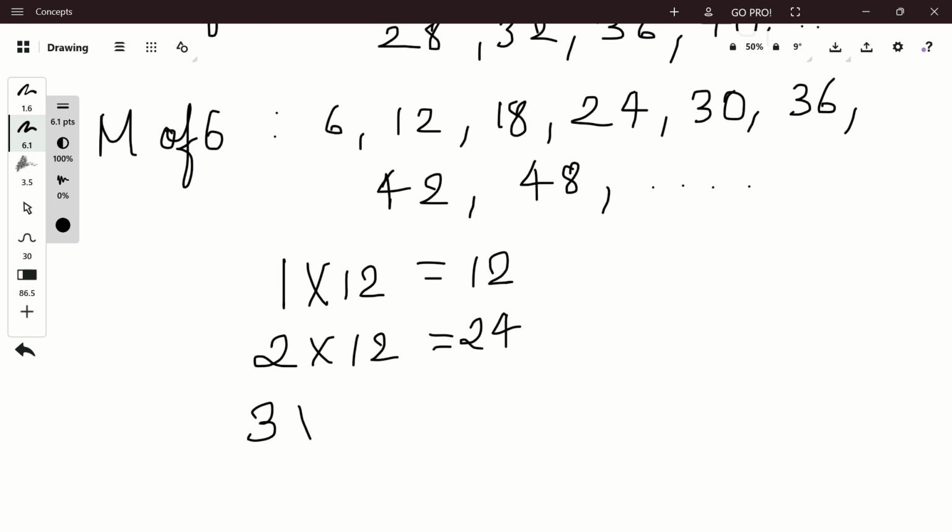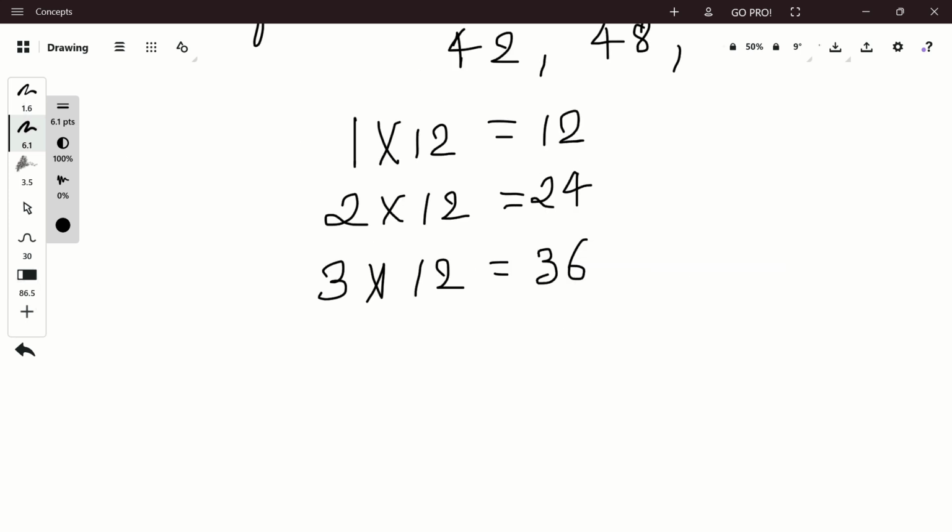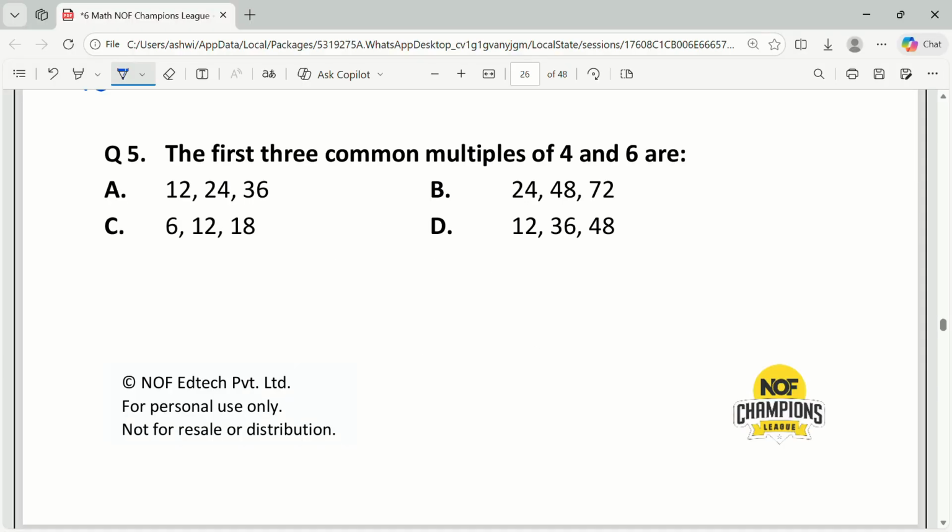The third is 3 into 12, that is 36. Comparing with the written multiples, we can see 12, then 24, then 36. So the first three common multiples are 12, 24, and 36. Comparing with the given options, the answer is A.